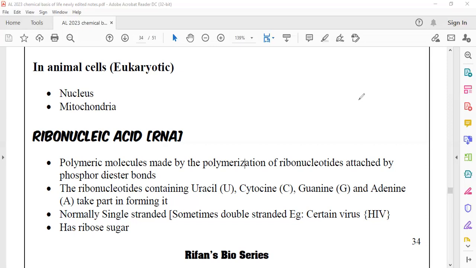After 6 months or 1 year, you will be having bulk notes. Understood? Then you can't concentrate more on the ribonucleic acid. Keep that in mind.